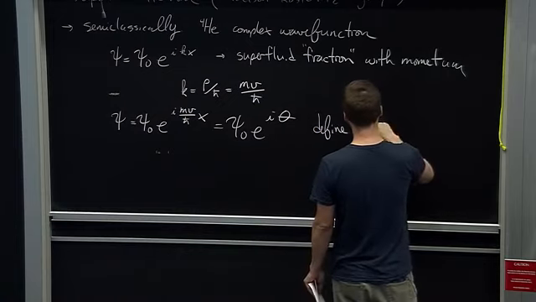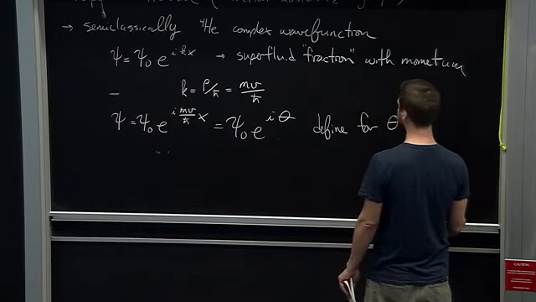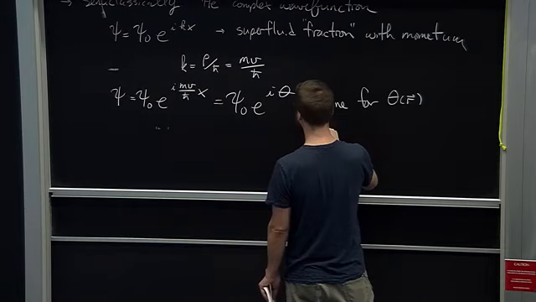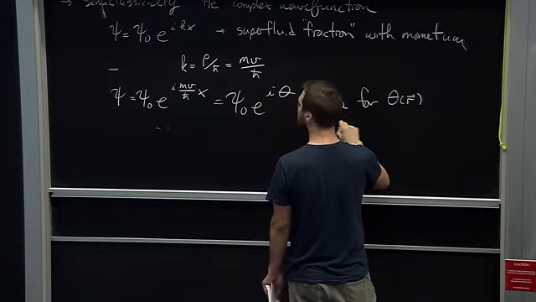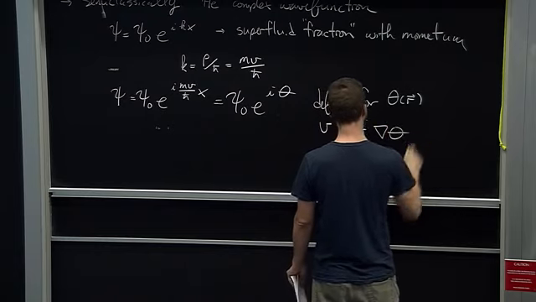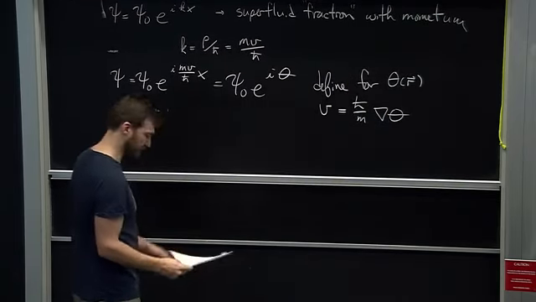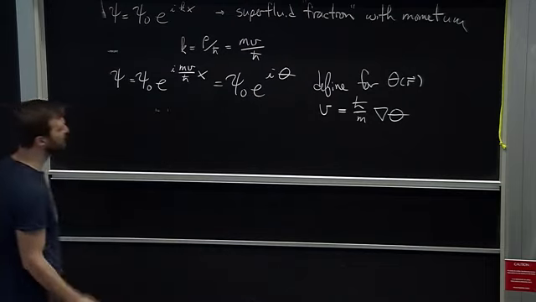So for, let's say, theta of r, because we need it in 2D, right? Then I'll say v times h bar over m is grad theta. So we'll use that more and more.